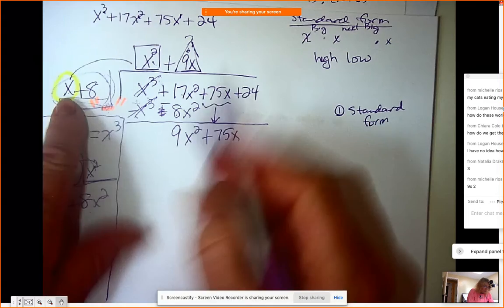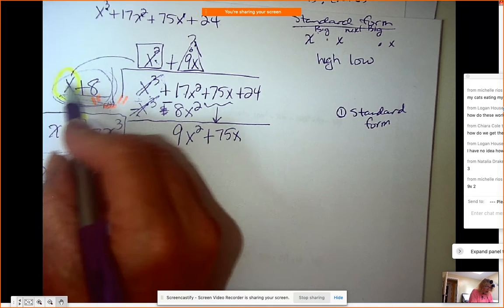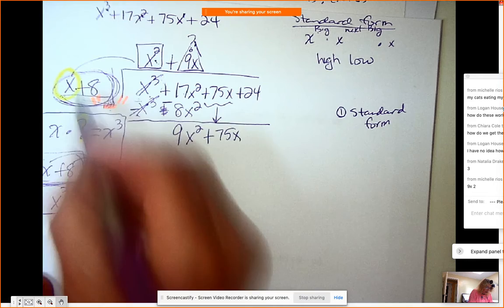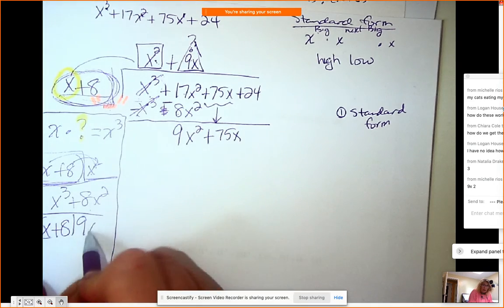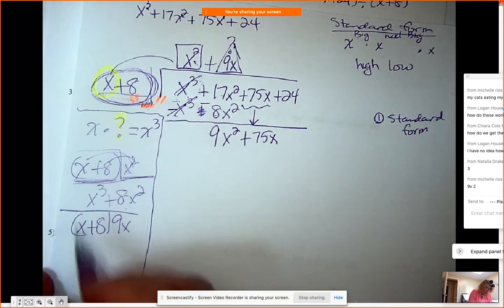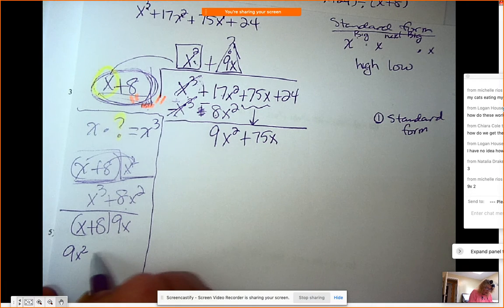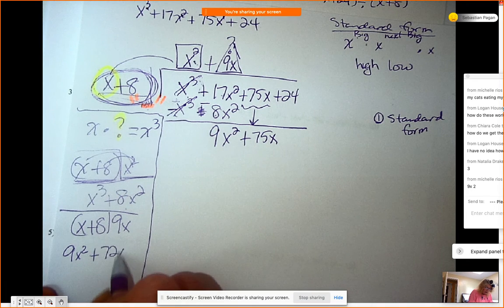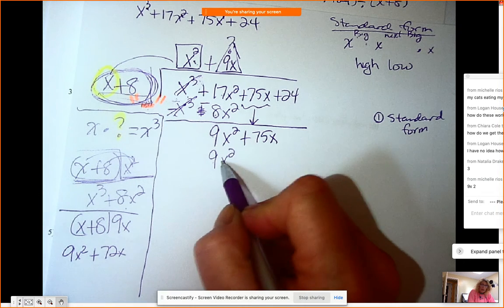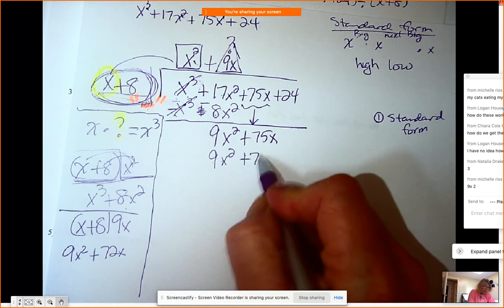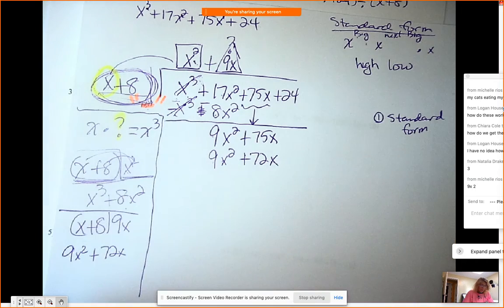Yes. So now I go over here and I say, I know I got to take this whole thing, x plus 8, has to multiply that 9x. Okay, so I'm going to get 9x squared plus 72x. I write that here. These should always match. If these don't match, you've done something wrong. Okay, then I'm going to write out front.